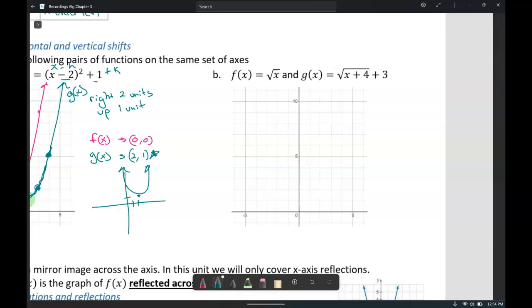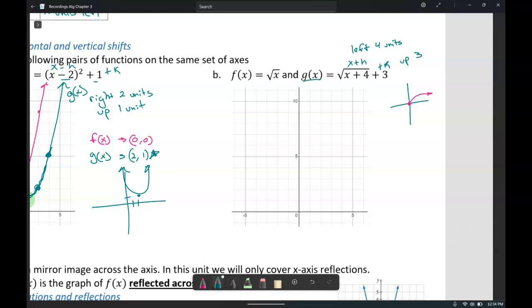Similarly, if we have a square root equation, we know that our square root equation is going to start out like this. And so if we can identify the shifts that are going to happen, we can predict where our new function is going to be. Since we have x plus h, that means we're going to go left 4 units. And we have plus 3, which means we're going to go up 3 units.